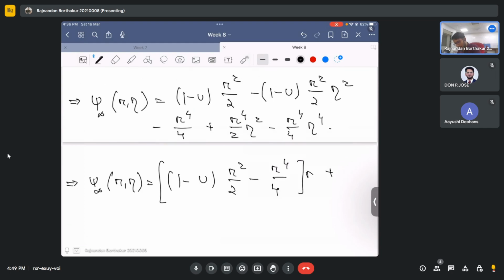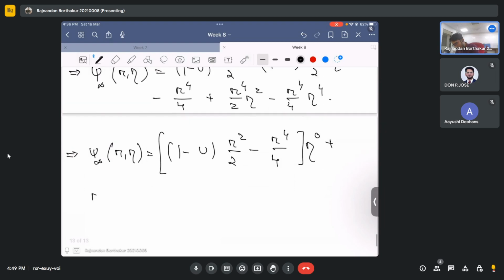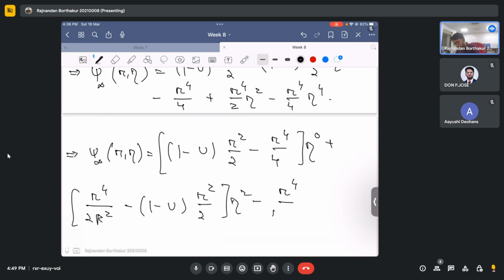Plus this can be written as eta power 0, because eta power 0 is nothing but 1. I'm just forcefully writing it as eta power 0. Plus I can write this as r power 4 by 2 r squared, minus 1 minus u into r squared by 2 times eta squared, minus r power 4 by 4 r squared into eta power 4.